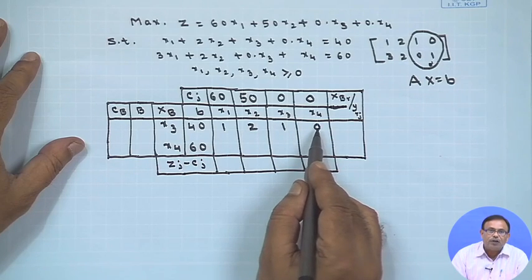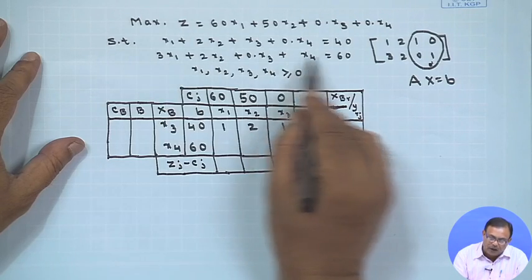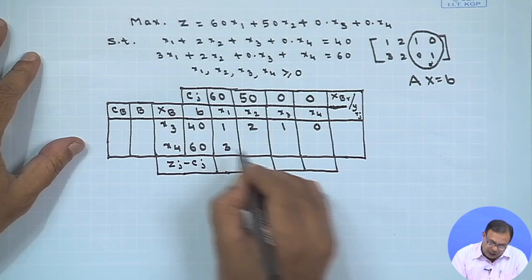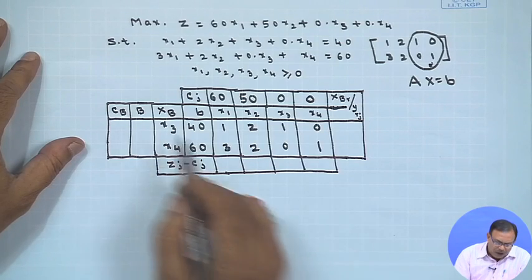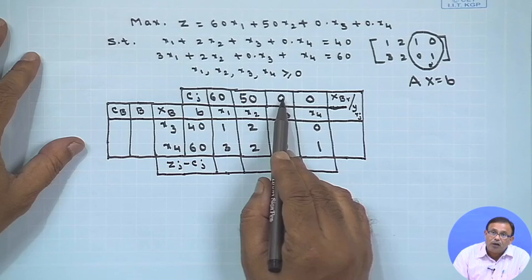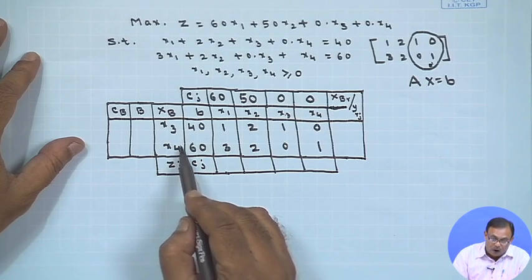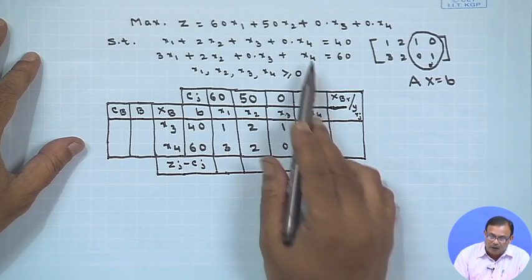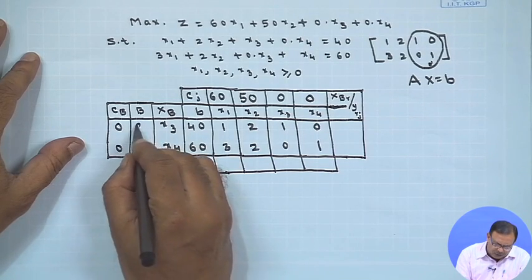So, you are writing this, and similarly the next row will represent the second constraint. Here the coefficients of x1, x2, x3 and x4 are 3, 2, 0 and 1. Your CB value is nothing but the value corresponding to the objective function for x3 and x4, or in other words the coefficients of x3 and x4 in the objective function is the value of CB. B value we may write, we may not write.